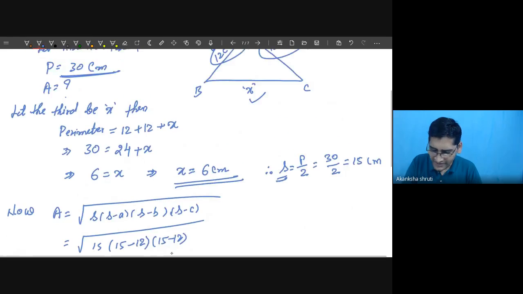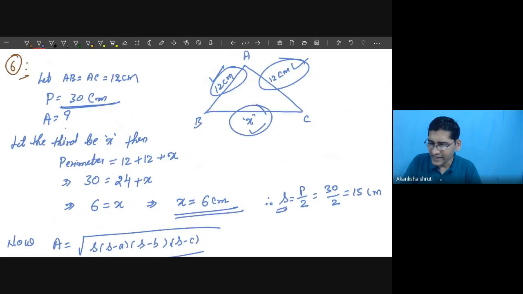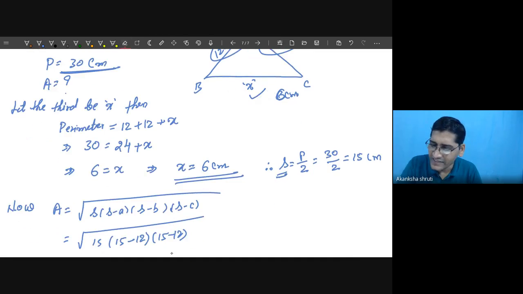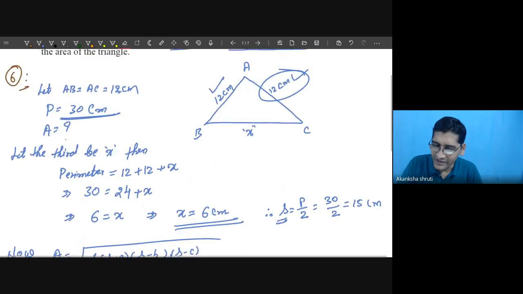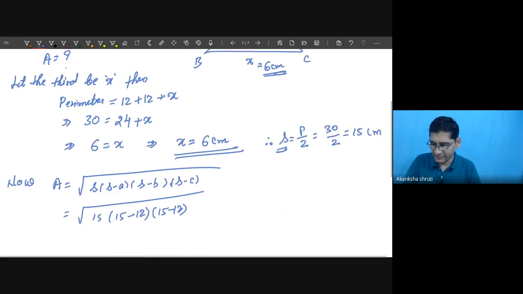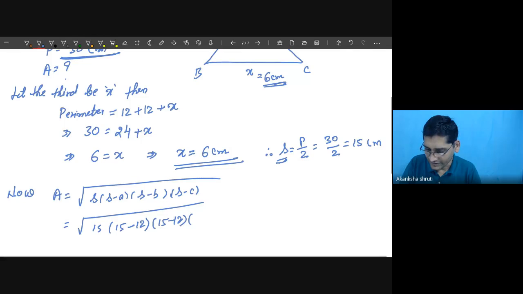But the third side X we had calculated as 6 centimeter. So better to substitute over the figure itself so that you can write it very easily. That's why I always advise to draw the figure correctly, and after calculation, continue substituting the value that you have calculated over the figure itself, so that the formula can be used conveniently.